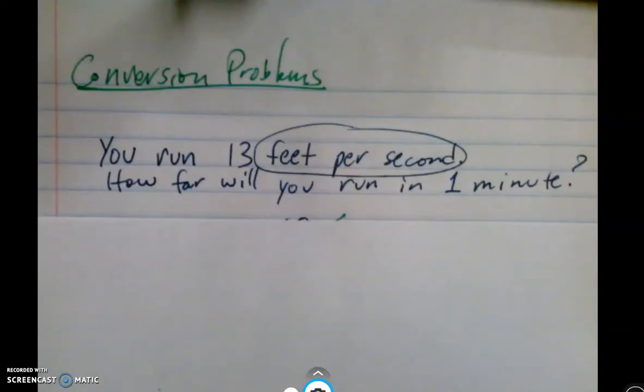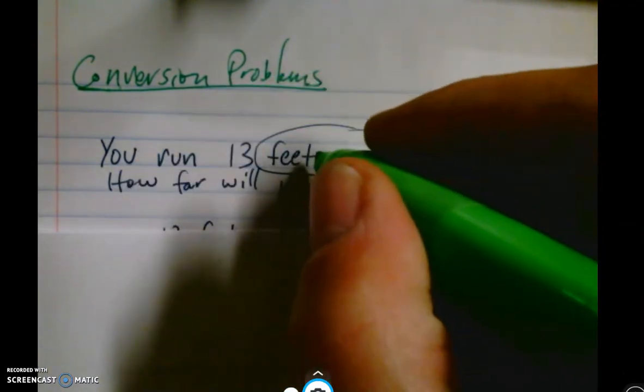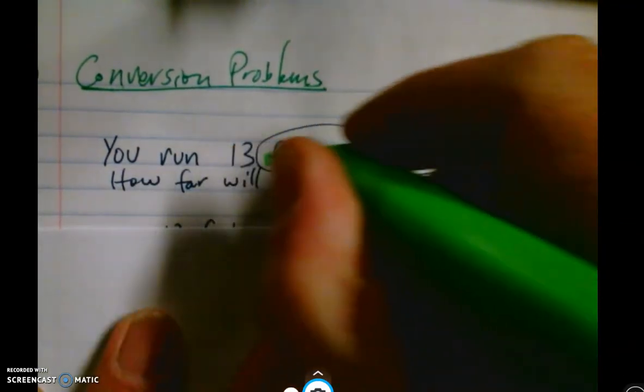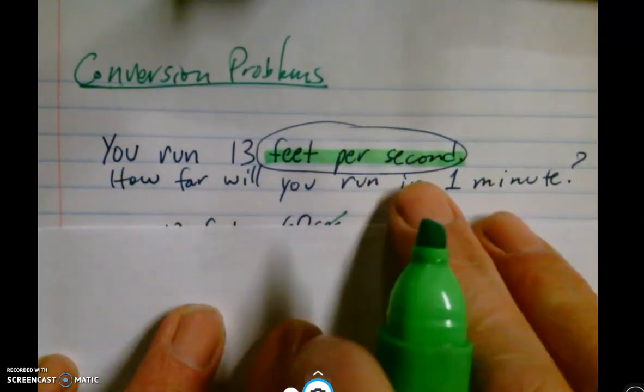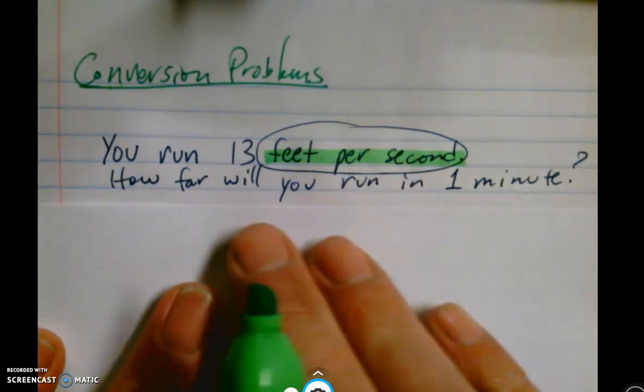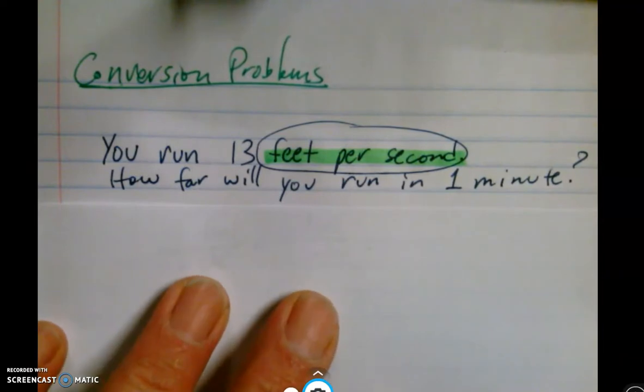First, with all these problems, we need to figure out what category we are in, what type of solving we are doing. If we're doing a conversion problem, this is no different than if they give you a velocity: you run at 13 feet per second. How far do you run in 1 minute?